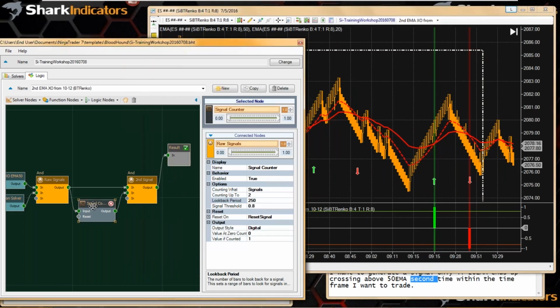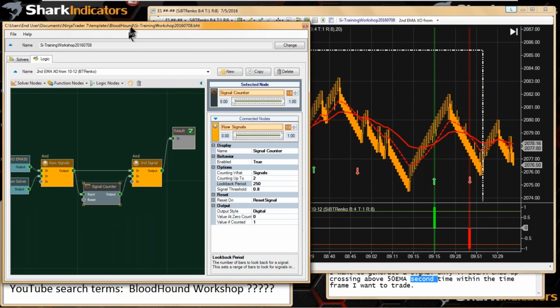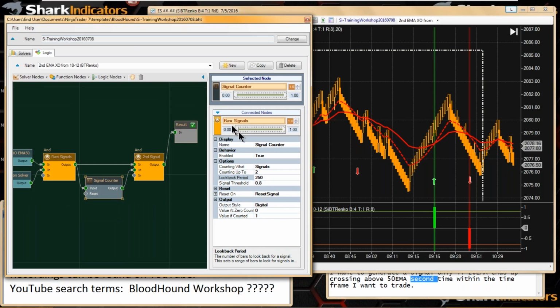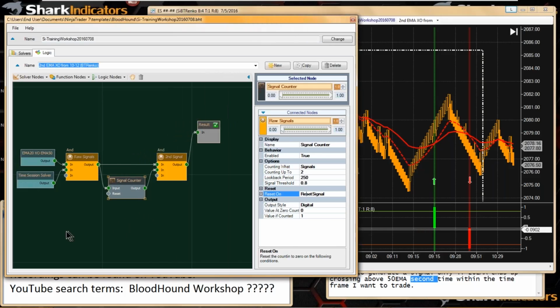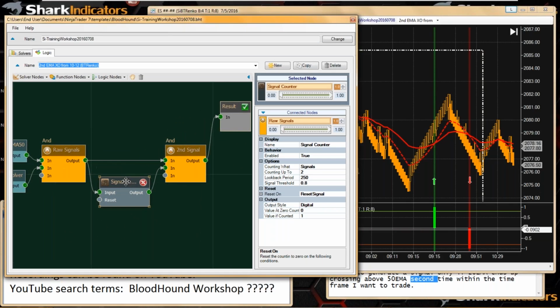So actually that pretty much does it. I was thinking I was going to need to use the reset, but I really don't. But just for the sake of showing you how to use the reset signal, I'll go ahead and do that anyways. So what we're talking about, let's zoom in here.